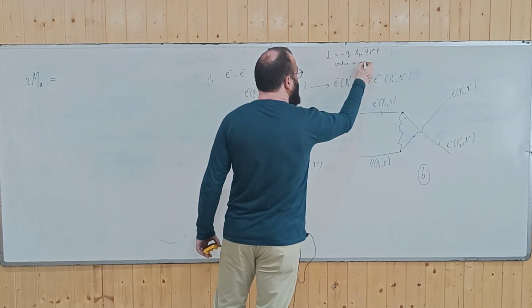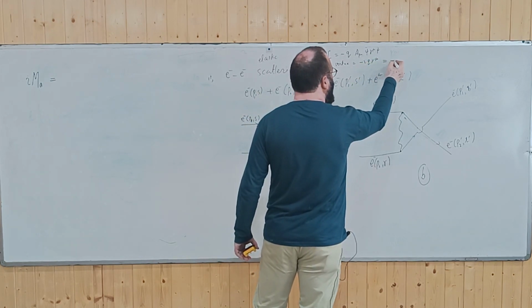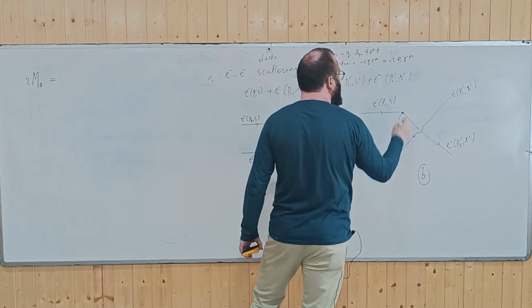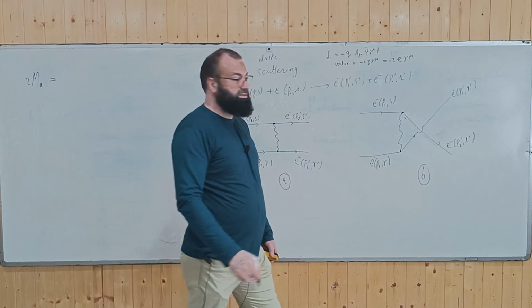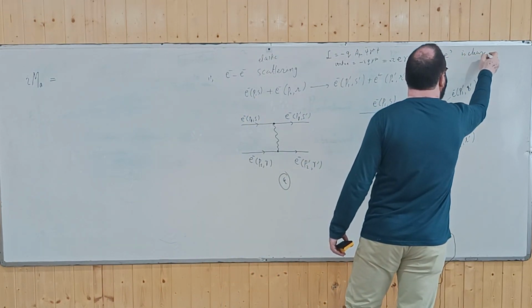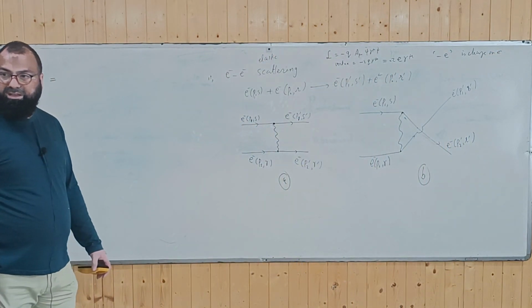The vertex is equal to minus I Q gamma mu. So that is simply I E gamma mu, where minus E is the charge of the electron. Clear?